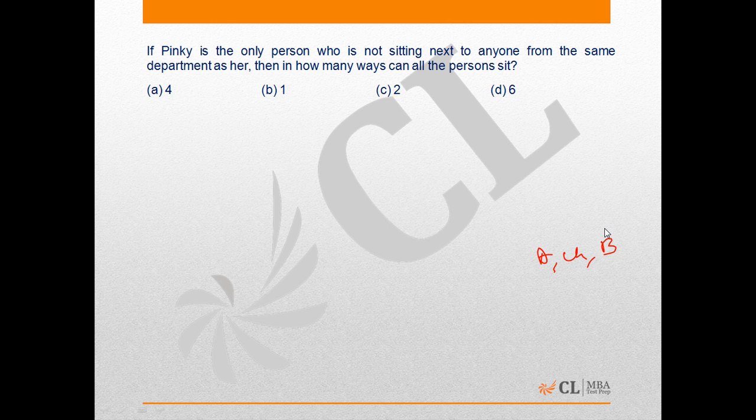Therefore, the only possible position for Chirag will be the position immediate right to Amit, and in that case the remaining two persons could sit in two ways.